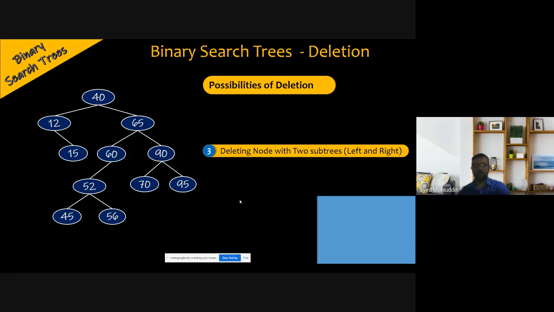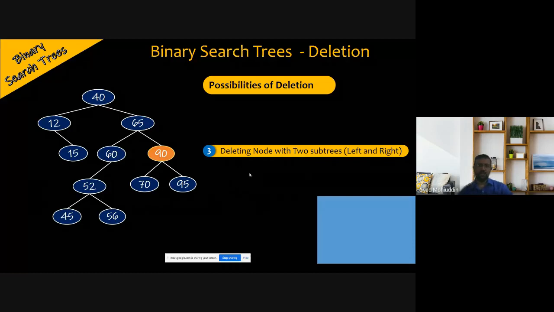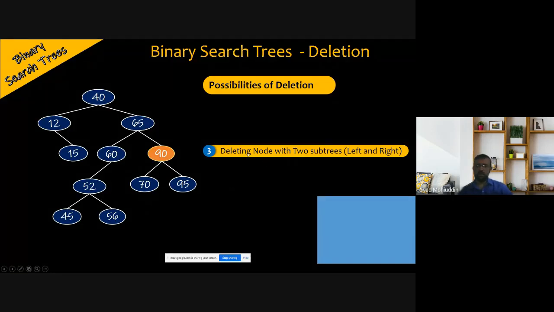But if you observe, how we generalize this is that when a node with two subtrees, both left and right, is deleted, we will select the largest node from the left subtree.